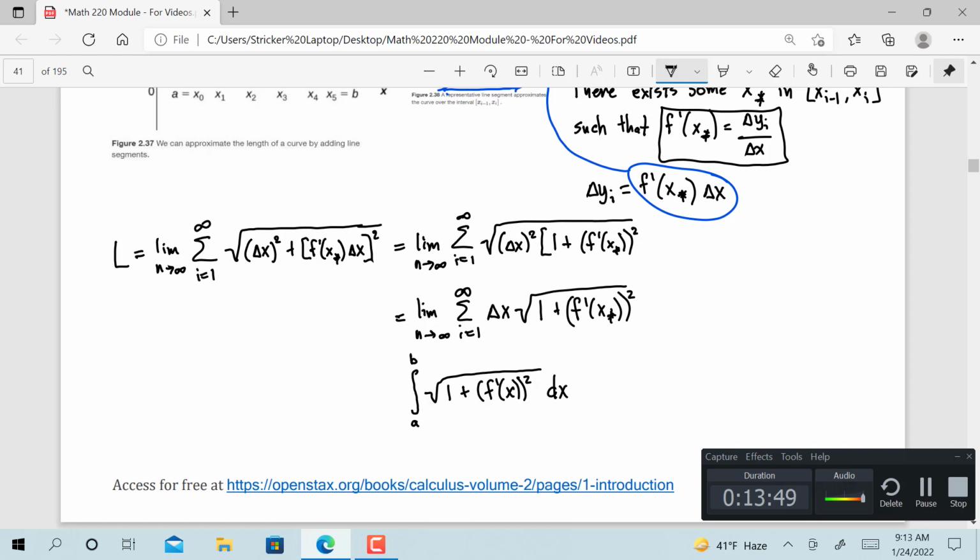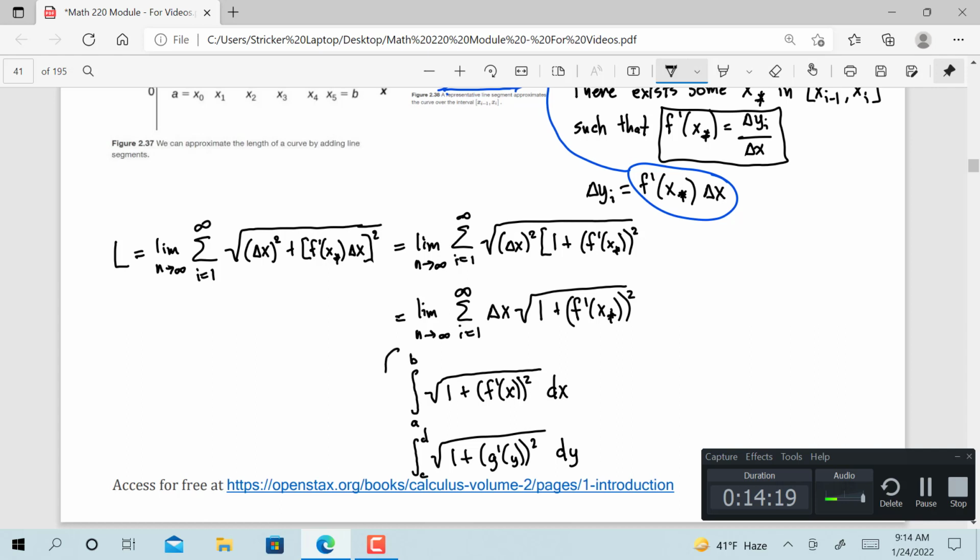And we're not going to go through it, but you could also show a similar development for how to find the arc length when x is a function of y. And in that case, it's going to be the integral from, let's call it c to d, of the square root of 1 plus g prime of y squared dy.